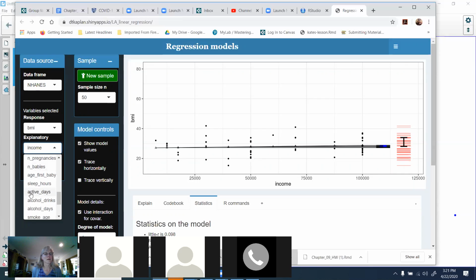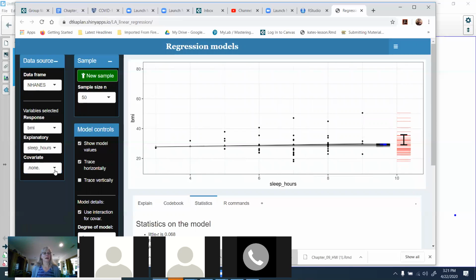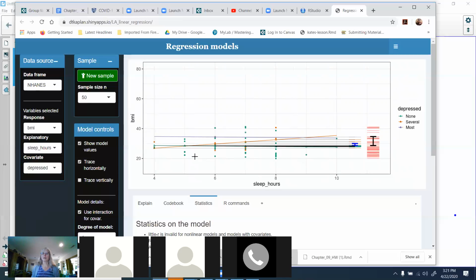There it is. Underneath first baby age. Okay, and what was your covariate? Depressed. It was near the top. Oh, wait, go back up a little bit. There it is. Okay, got it. All right.